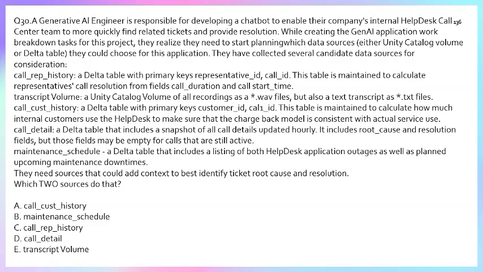Call detail includes the root cause and resolution fields, but they may be empty for live calls, right? So while it is a good source, call rep history is more explicitly stated as being maintained for calculating the resolution field, suggesting it's a more complete source of the resolved issue.